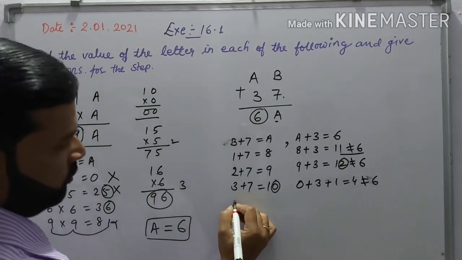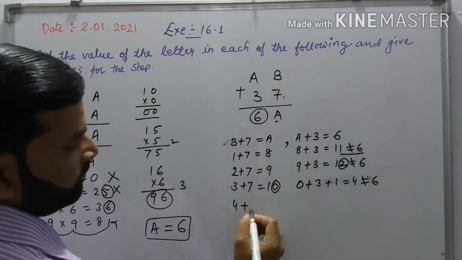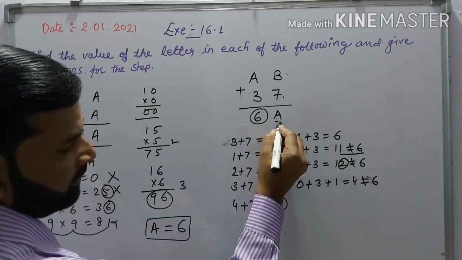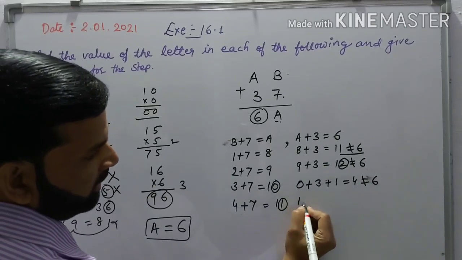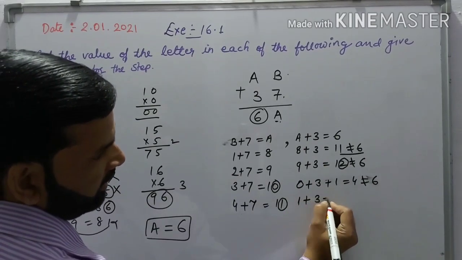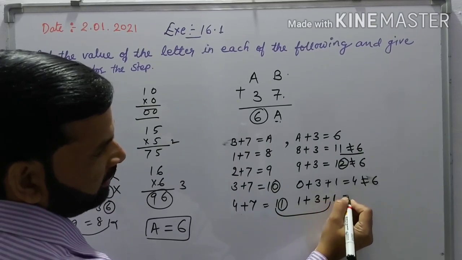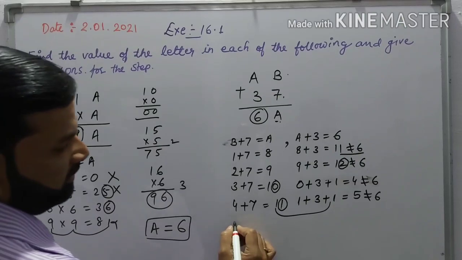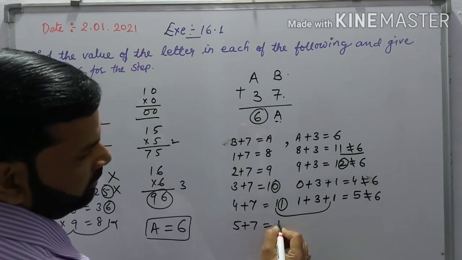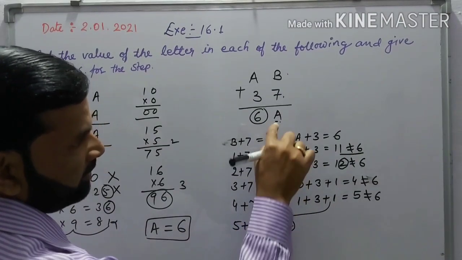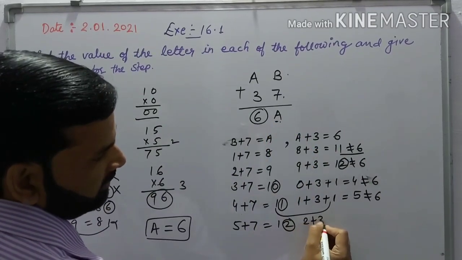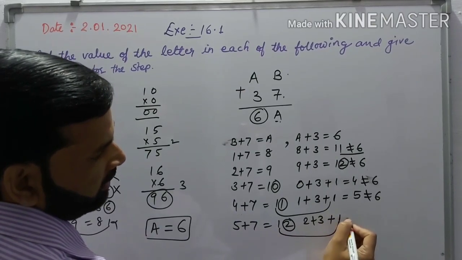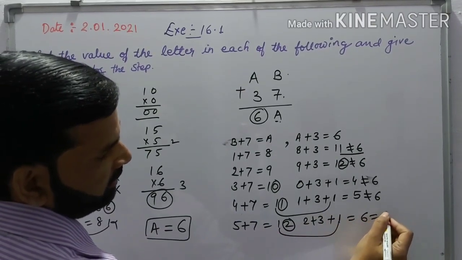Again suppose the value is 4, the value of 4 plus 7 is equal to 11. 1 you write here and the value of A is 1 plus 3 and 1 is the carry, so the value is 5. 5 is not equal to 6. Now next is 5 plus 7 is equal to 12 and 2 is written, the value of A. 2 plus 3 plus 1 carry is equal to 6.